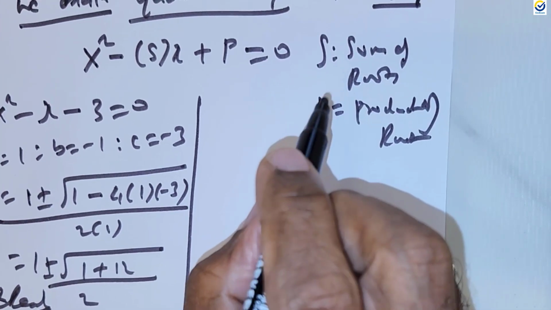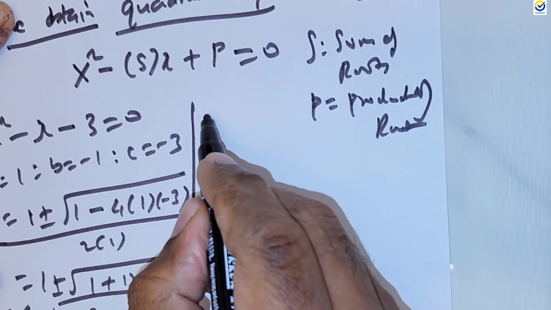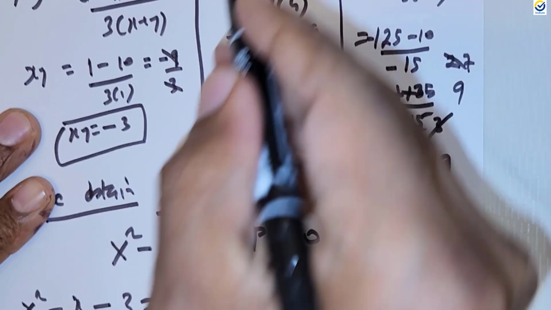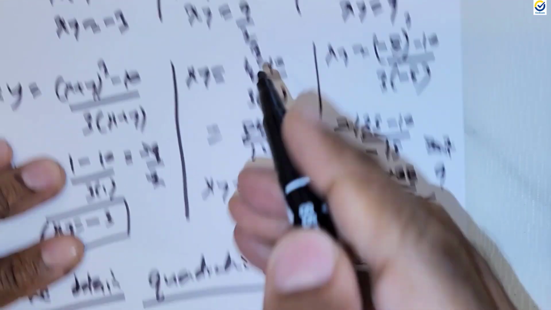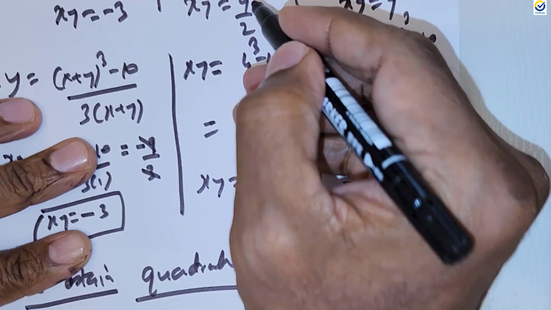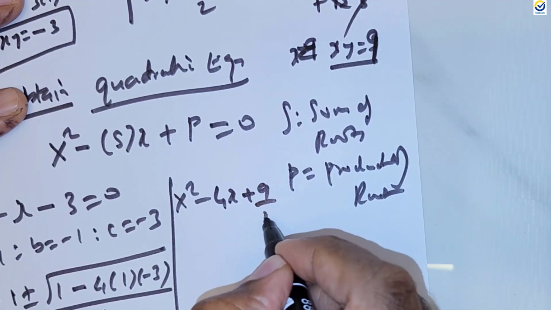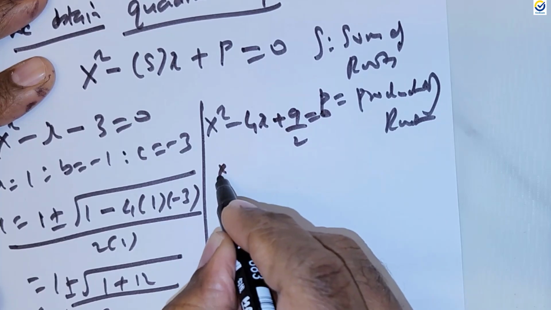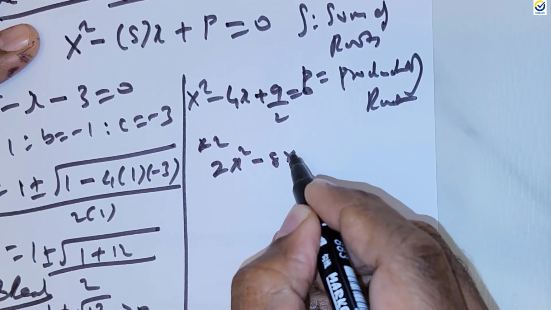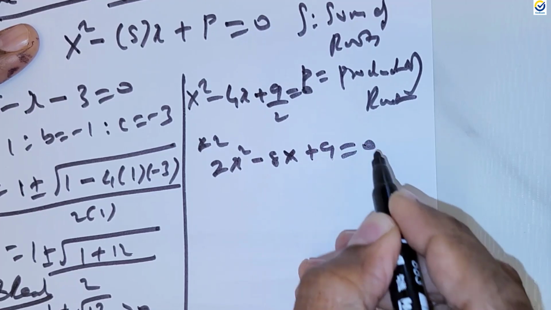Okay, so in the next situation, x squared minus s times x, the sum of the roots is 4 here, so 4 times x, and the product of the roots is 9 over 2, so plus 9 over 2 is equal to 0. I multiply by 2 throughout, so it's going to be 2x squared minus 8x plus 9 is equal to 0.